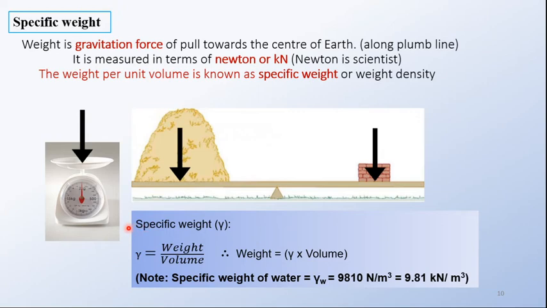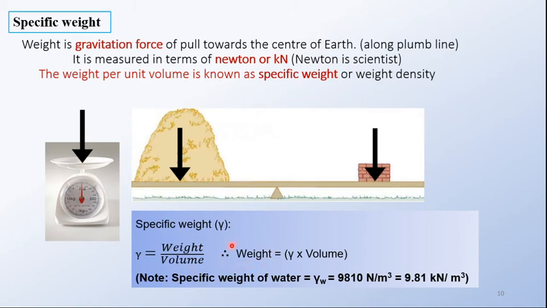Now, what is meant by specific weight? It is represented by the letter gamma. So, weight to volume ratio, that is total weight divided by total volume, or it is defined as weight per unit volume.